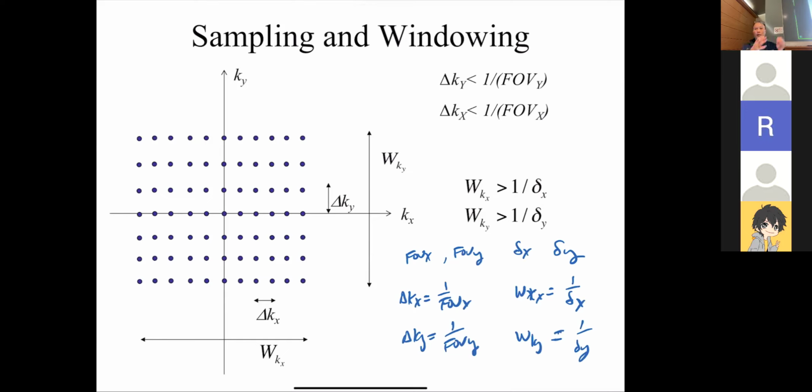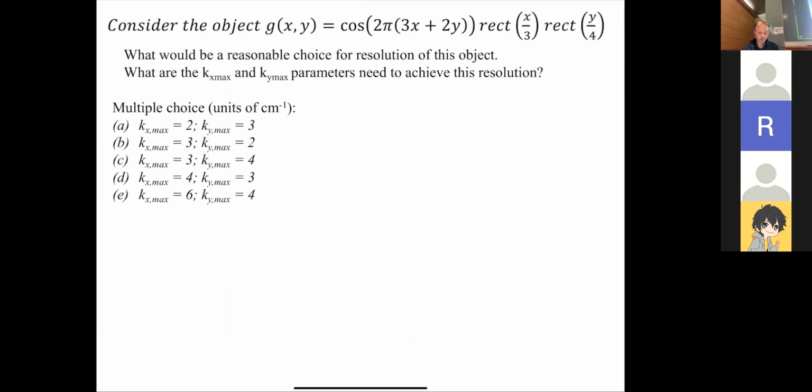All right, so the first step is take the parameters, figure out delta KX and the width, and then convert those into what your gradients have to do to achieve the sampling and also the width of K space you cover. Okay, so let's do this simple one just to make sure everyone's on the same page.